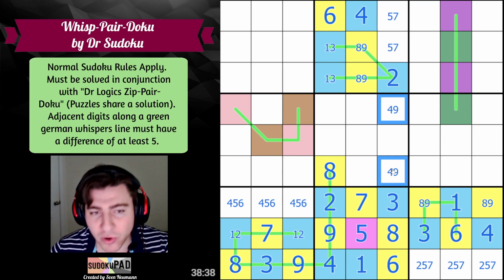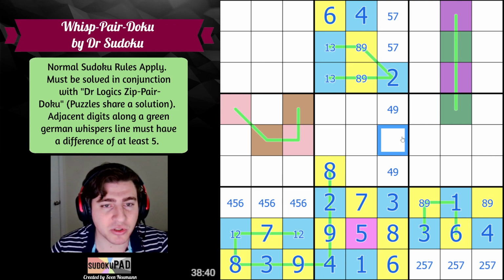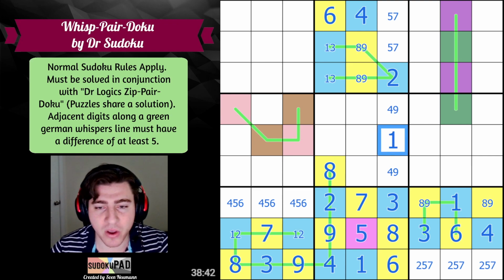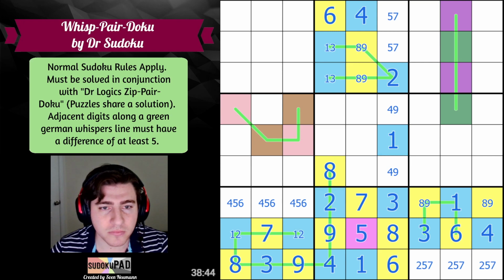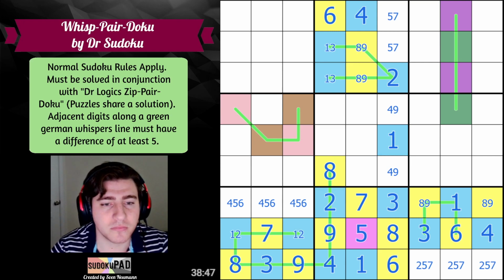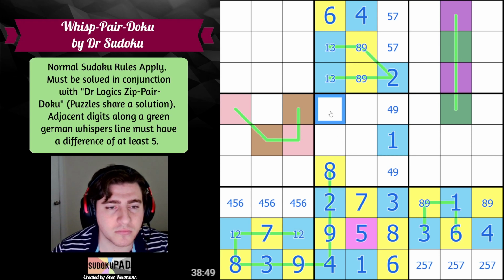And given your 4 9 pair, we should be able to place a 1. Correct. And then that means box 5, cell 1 is 7.